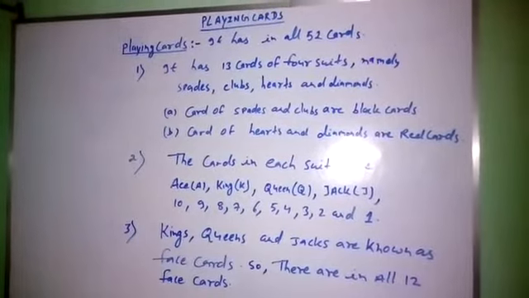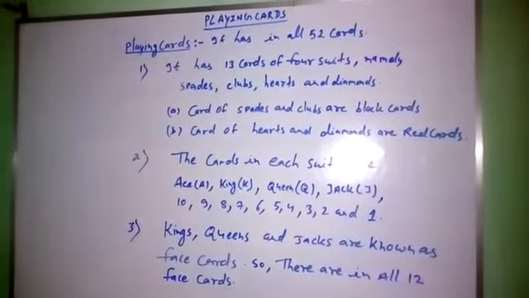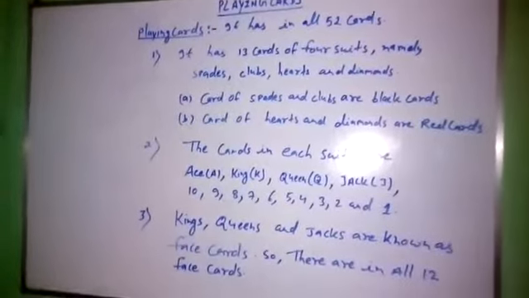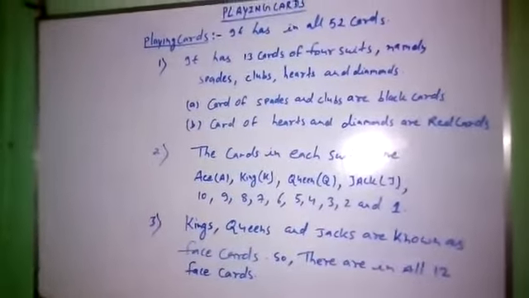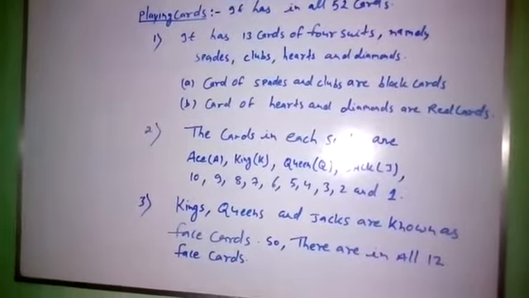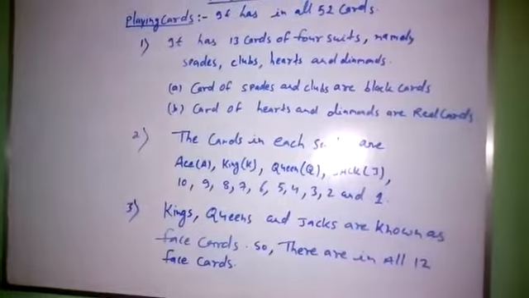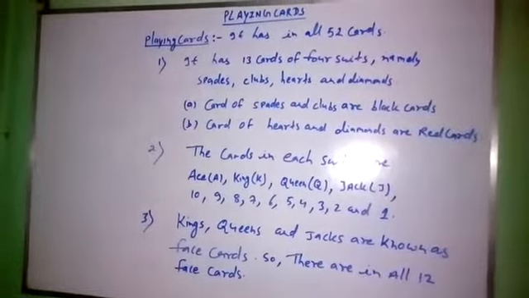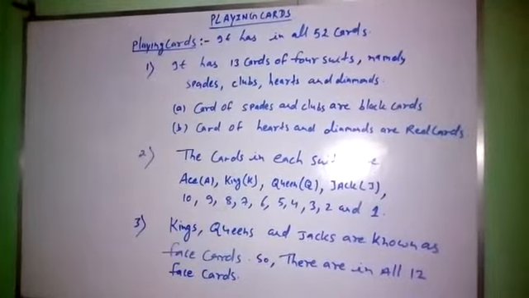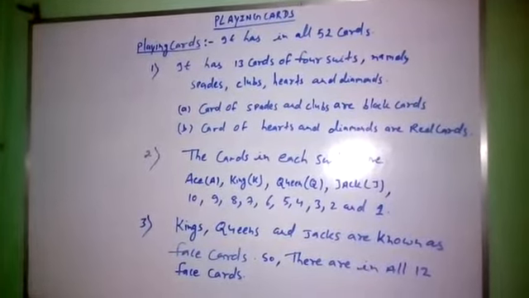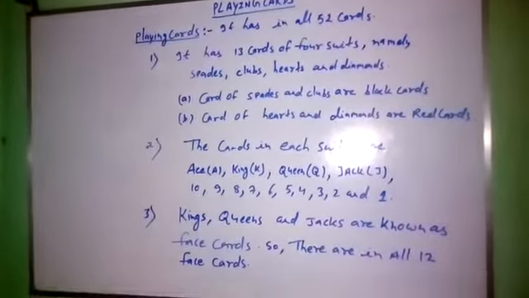Now the second point is the cards in each suit. As I told you above, there are 13 cards. So what are the 13 cards? The cards in each suit are ace, king, queen, jack, 10, 9, 8, 7, 6, 5, 4, 3, 2 and 1.